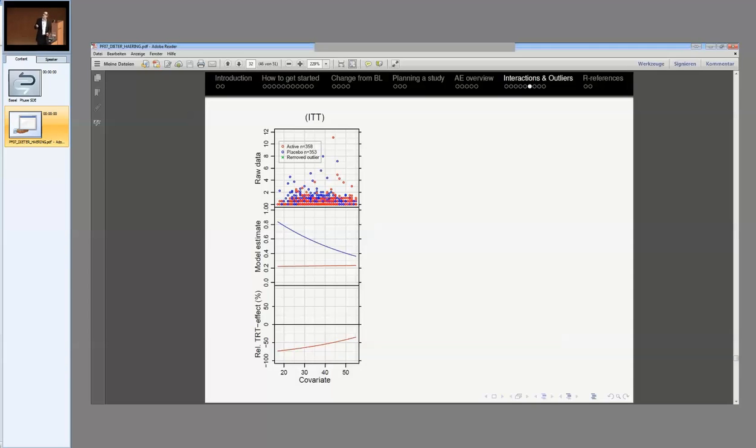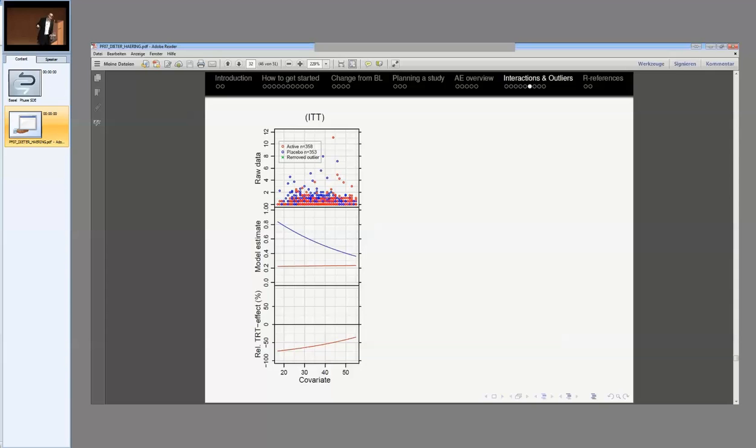So the plot we provided was this. On top you'll see the individual patient data for placebo and for active, and then you see the model fit here. For placebo, on average 0.8 events per unit of time on this side of the covariate, and on the other side of the covariate 0.4. And on active treatment, it's always low at about 0.2.